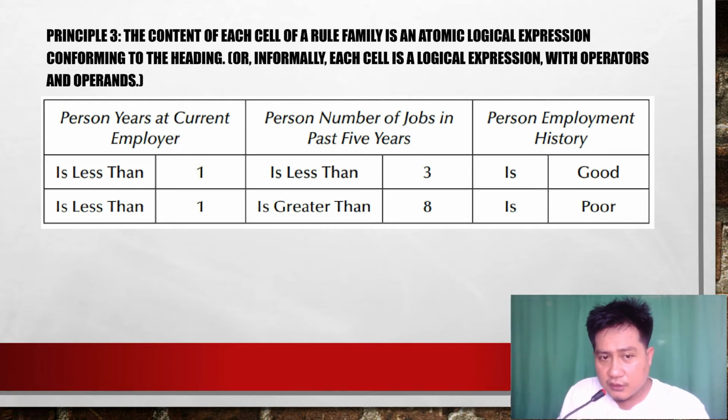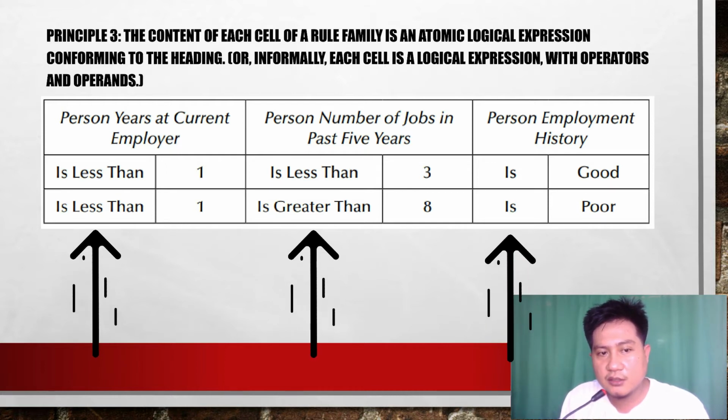So if we look at this from the previous table, we now included content in the body. What principle number 3 says is that each cell is a logical expression with operators and operands.